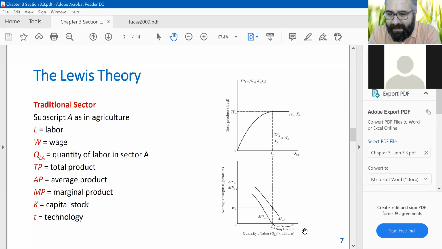After that point, production remains fixed, and for this reason, this is called surplus labor. So imagine that if your rural population is exactly on this point, then this part becomes surplus labor whose marginal productivity is zero.